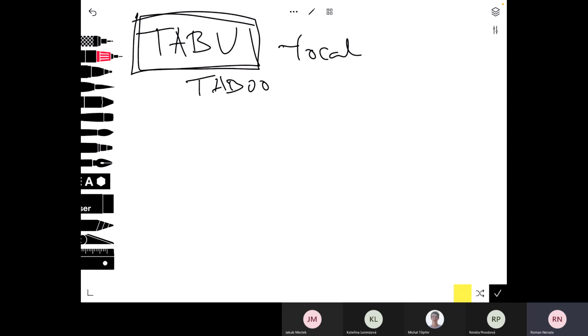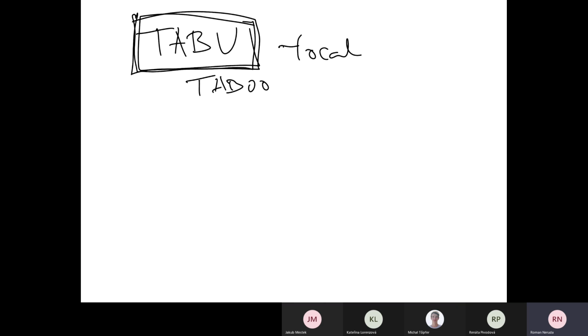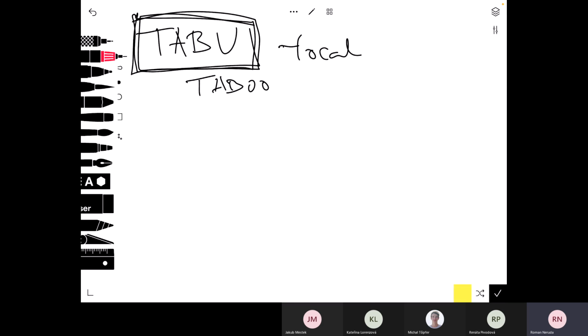You can't touch them. So that's the idea of taboo, right? It's been used since James Cook discovered, in quotes, these islands for Europeans, and it was popularized in our environment by Sigmund Freud, who used the term for something that's forbidden, right?